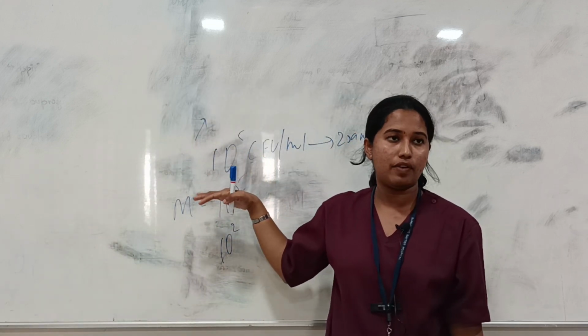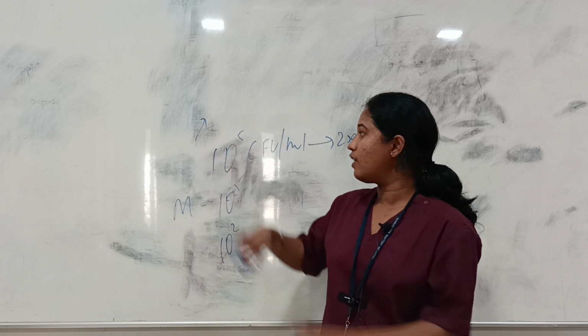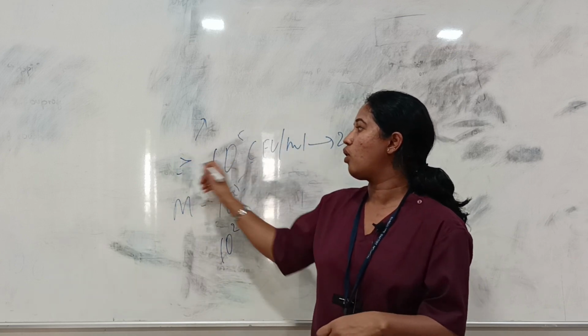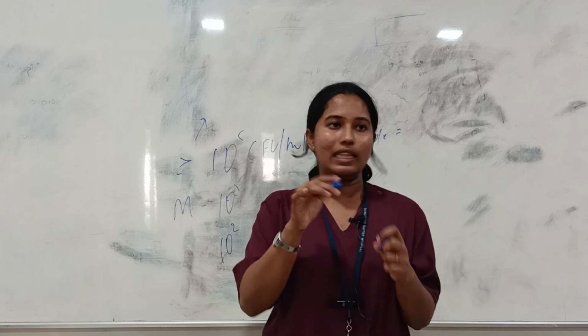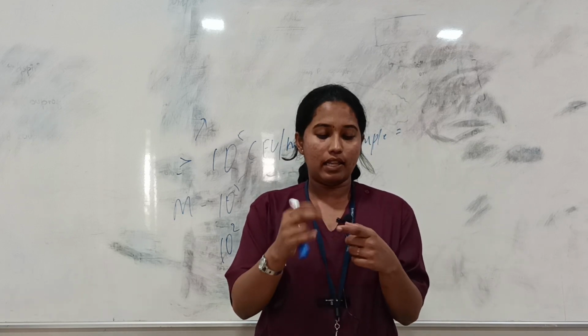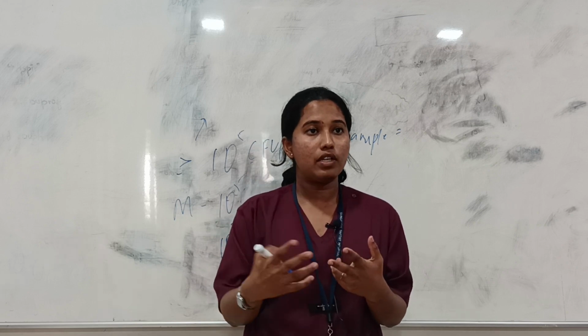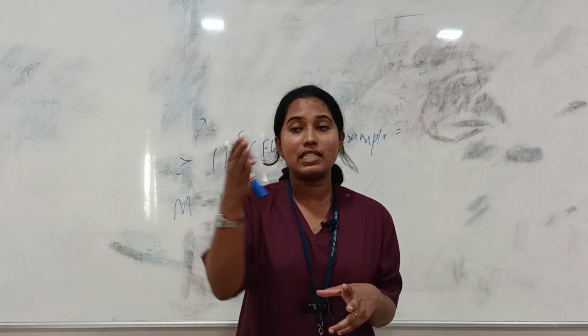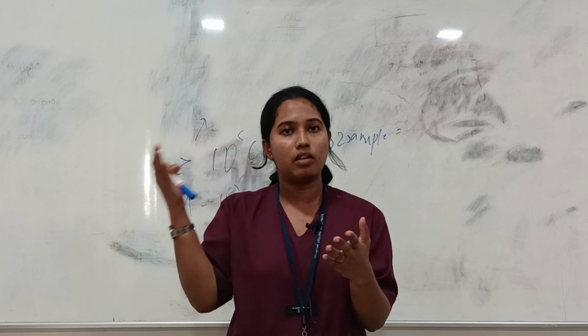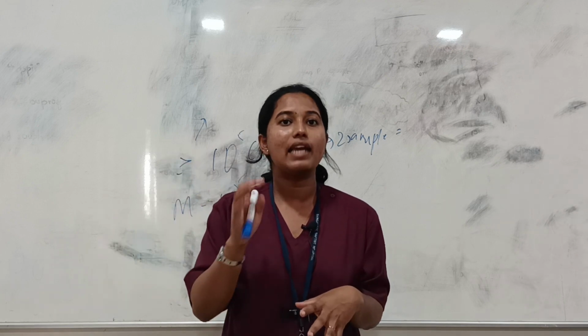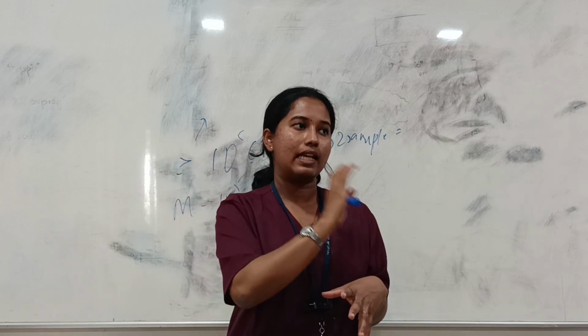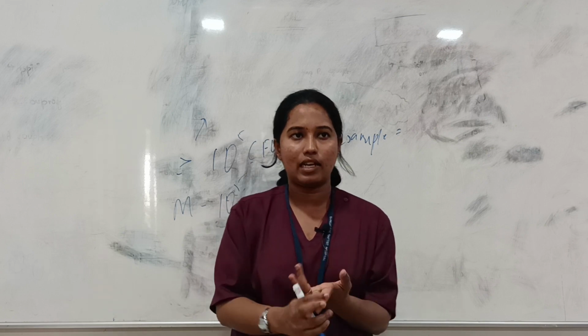If it is just 10 raised to 5, that is asymptomatic. If it is greater than or equal to 10 raised to 5, then it is called catheter-induced. And second, when you develop UTI 48 hours after the removal of a catheter, that is also correlated as catheter-induced UTI. That is the 4th type.